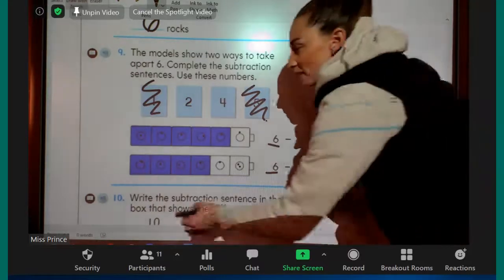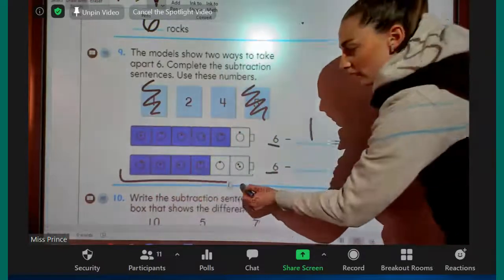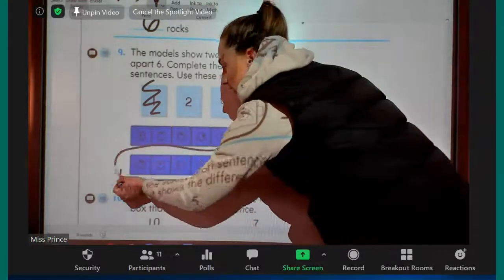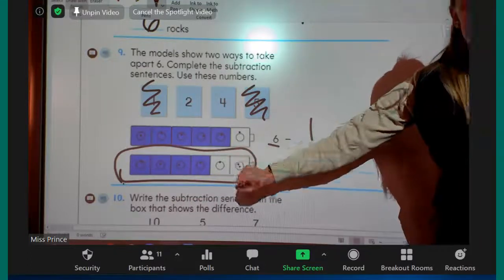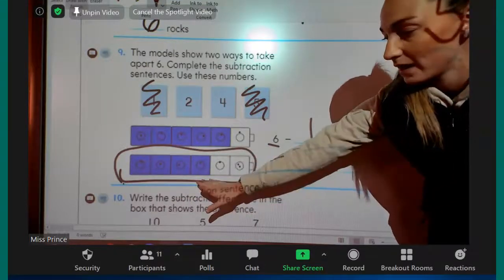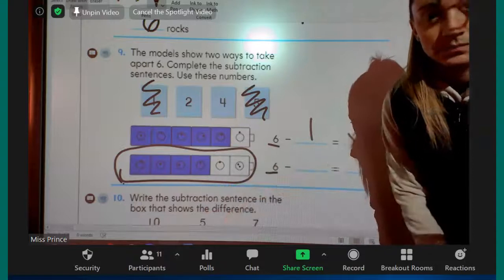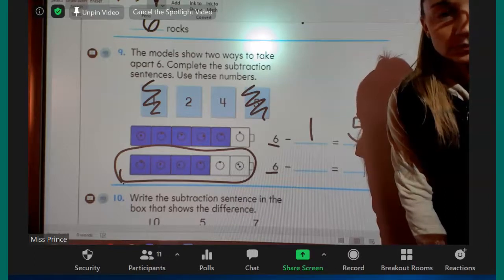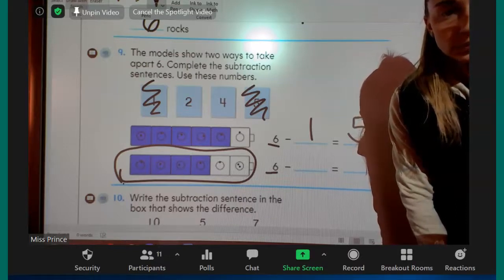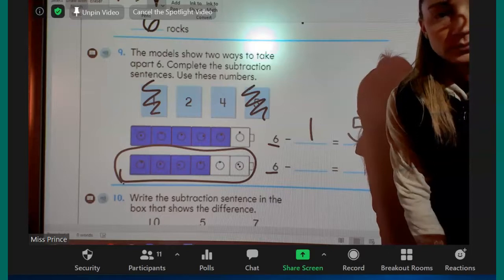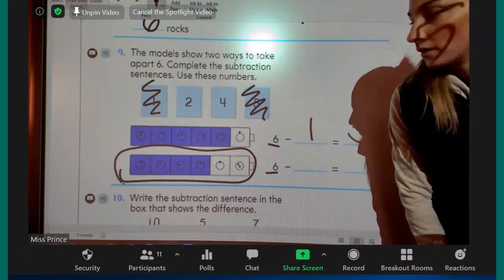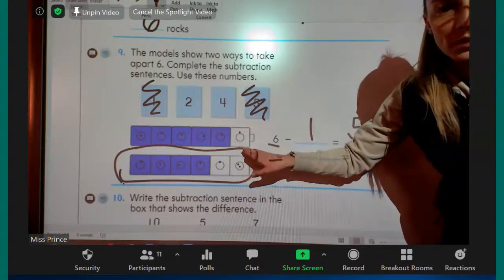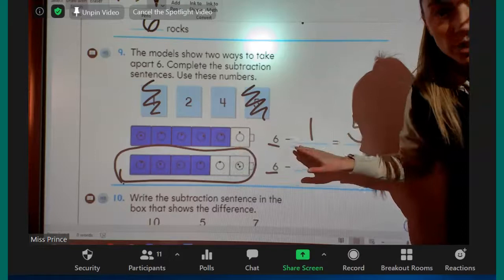So look right here, Samantha. Look at just this one right here. The ones that are white are what we took away. So how many did they take away? Up on this one, there's only 1 white, so we took away 1.